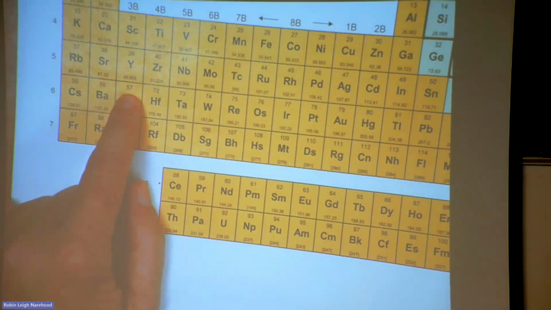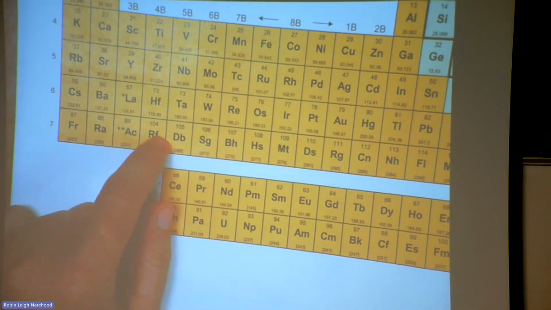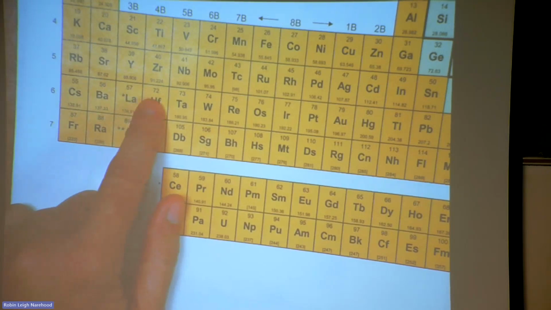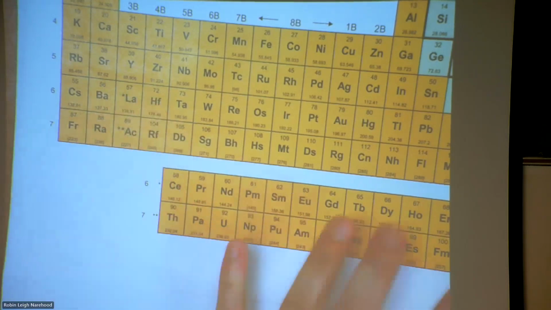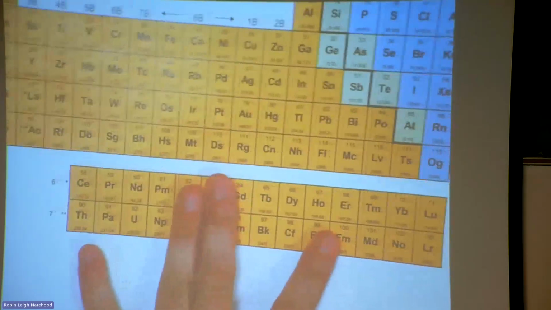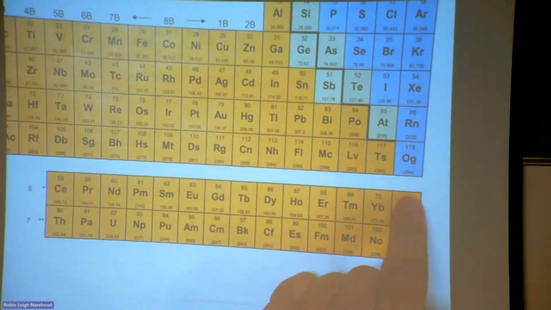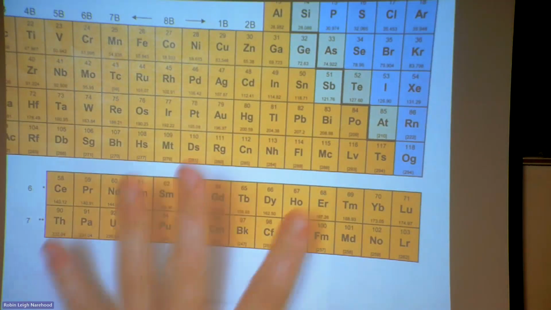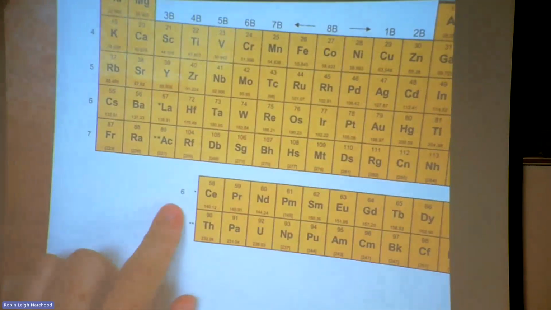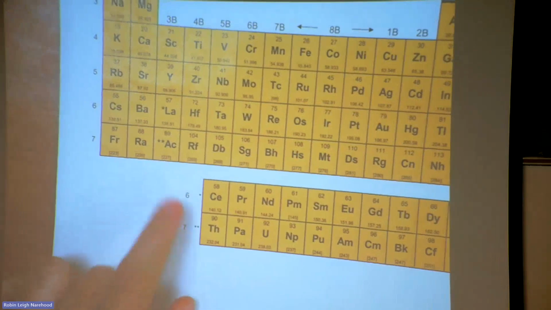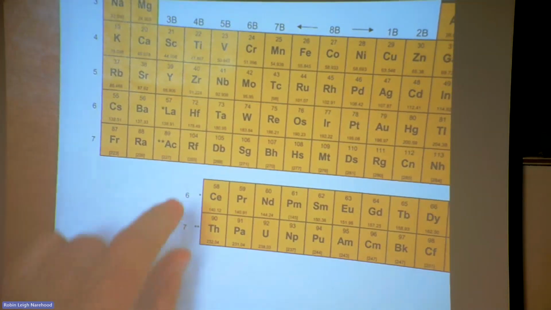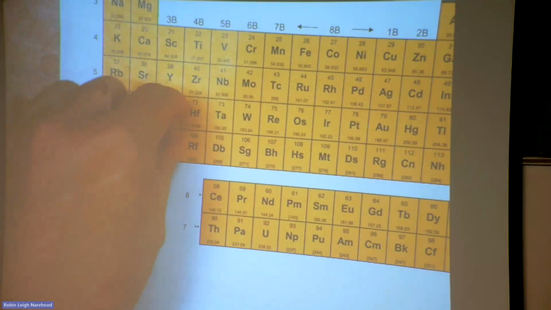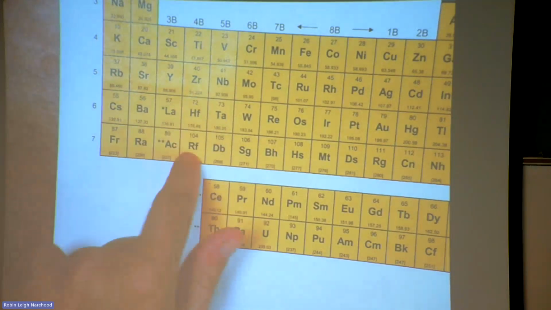There is element 57, and 58 goes there. It jumps from 57 to 72. No, it doesn't. They just pulled them out and stuffed them down here. There is number 71 right there. So I have put the correct period number beside these bottom 2 rows also, because they actually go right there. There and there. Okay.